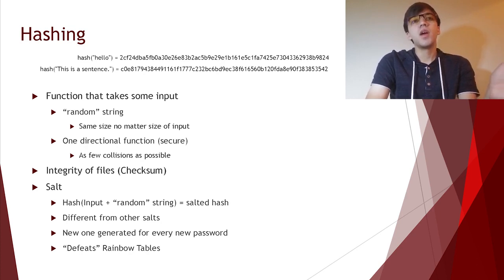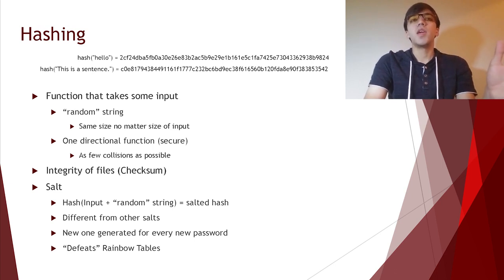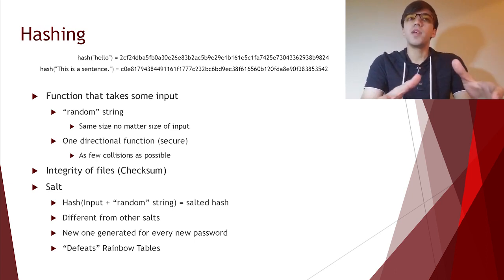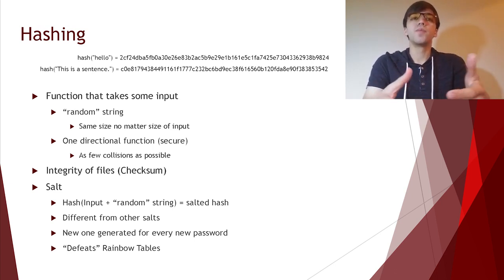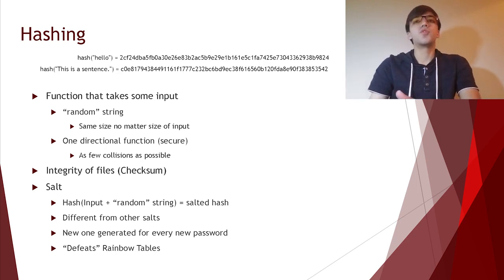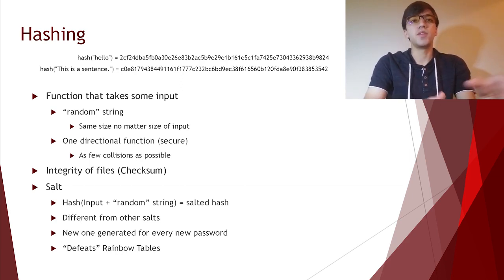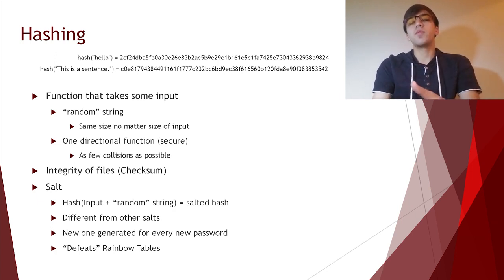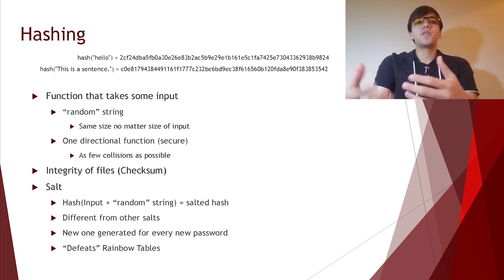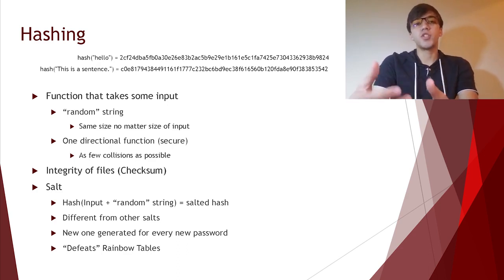You take this hashing function and hash this particular phrase, which in this case is "hello", and you get some type of random string as an output. You take another hash of "this is a sentence", a much longer input, and what you get out is the exact same size as the previous one.